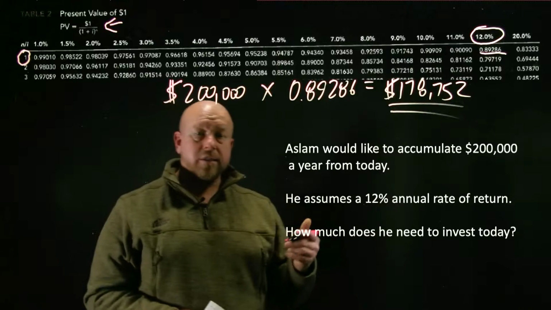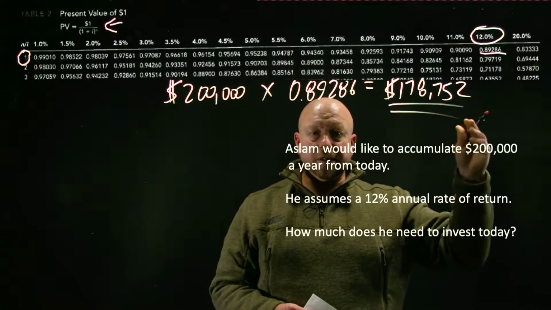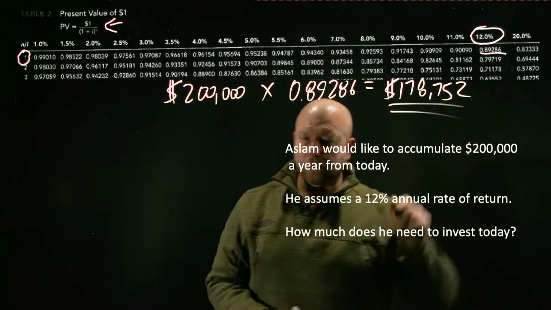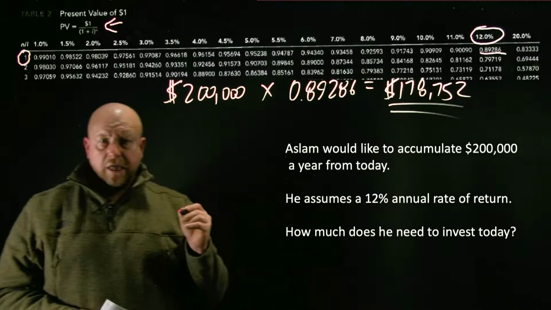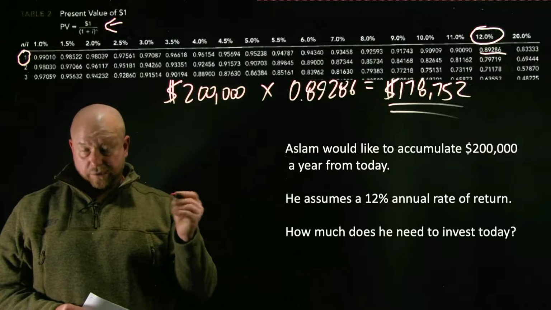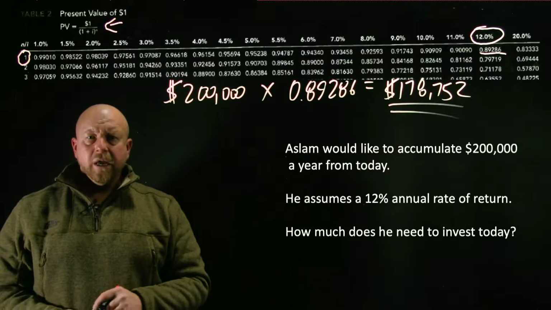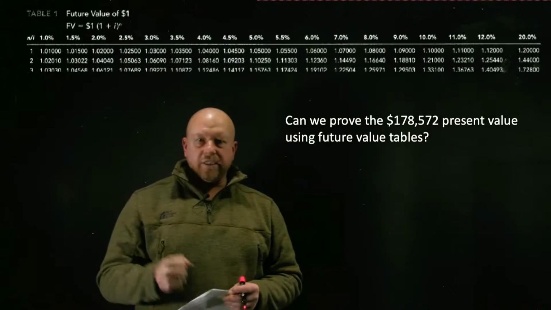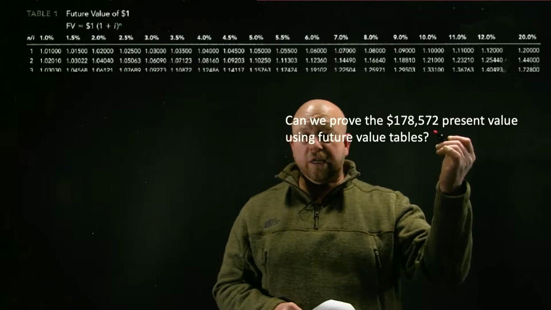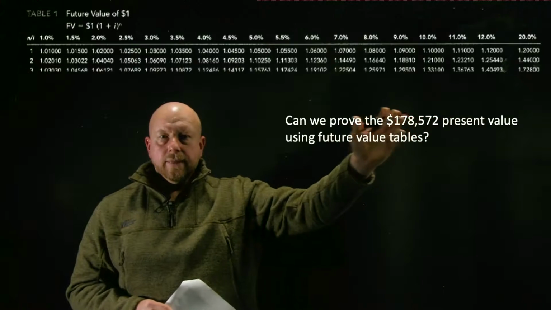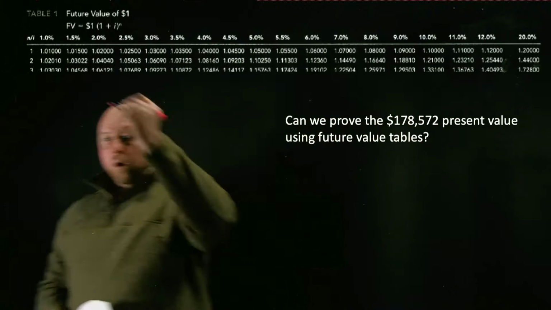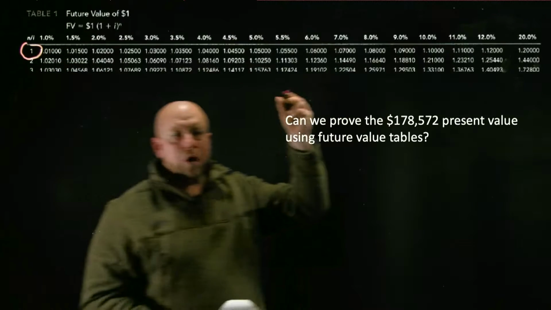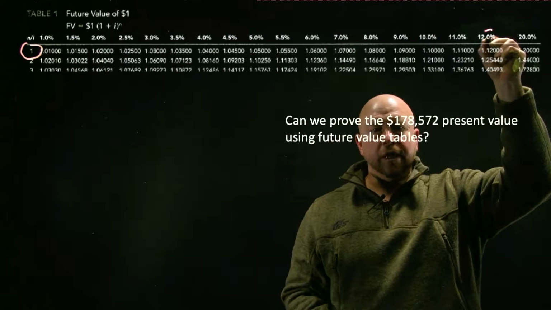So one of the techniques we use is to discount all of the cash flows to a present day amount, present value. That's going to allow us to do something called a net present value analysis. It lets us put everything in the same time period. So maybe you didn't believe me when I said that if you had $178,000 and change and you invest it for 1 year at an interest rate of 12%, that it would grow to $200,000.